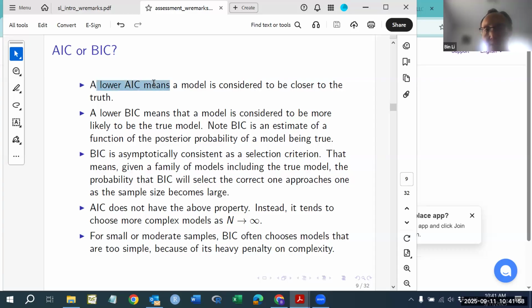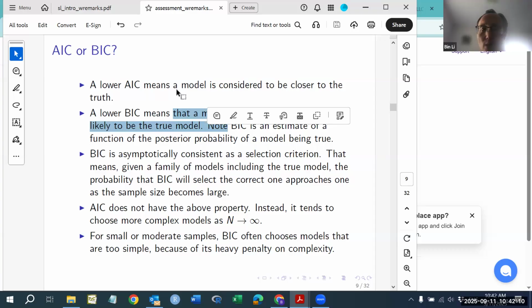A lower AIC means a model is considered to be closest to the truth. But a lower BIC means a model is considered to be more likely to be the true model. So they are different, with a very subtle difference. What is the subtle difference?